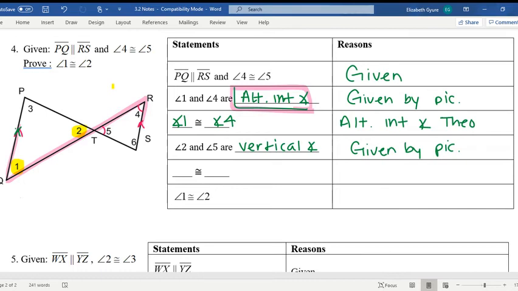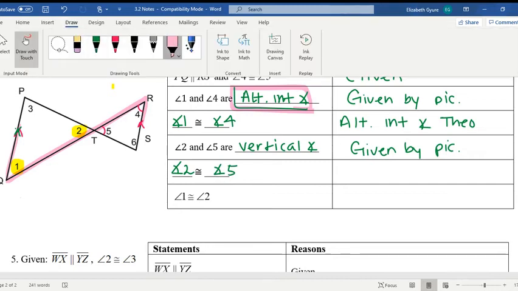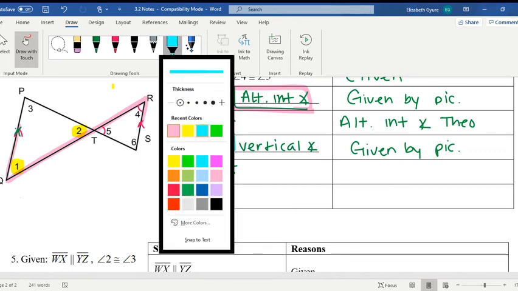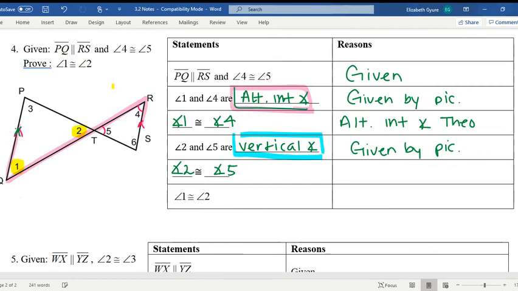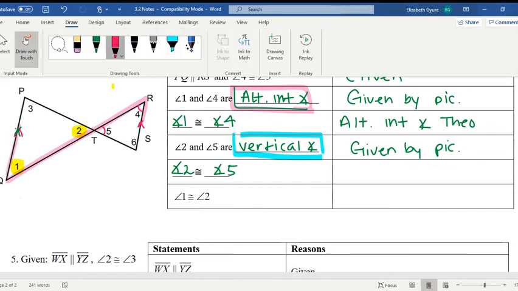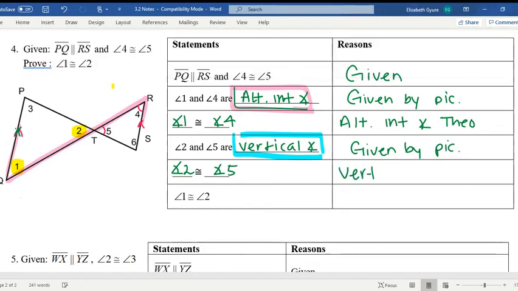Well, what do we know about vertical angles? They are congruent. So angle 2 is congruent to angle 5 by, again, you're given a vocab word, use it. You have vertical angles, use the vertical angle theorem. Good.